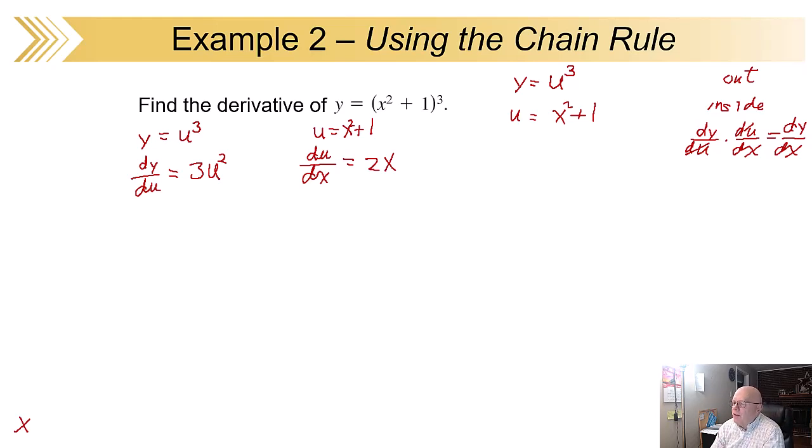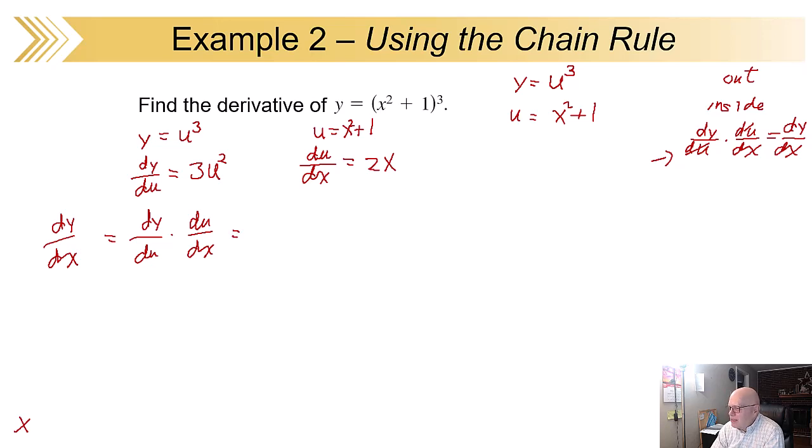So what do we have here? What we want from over here is we want to write down dy du times du dx, and that'll give us our dy dx. It sounds oversimplified, maybe a little bit, but not too much.